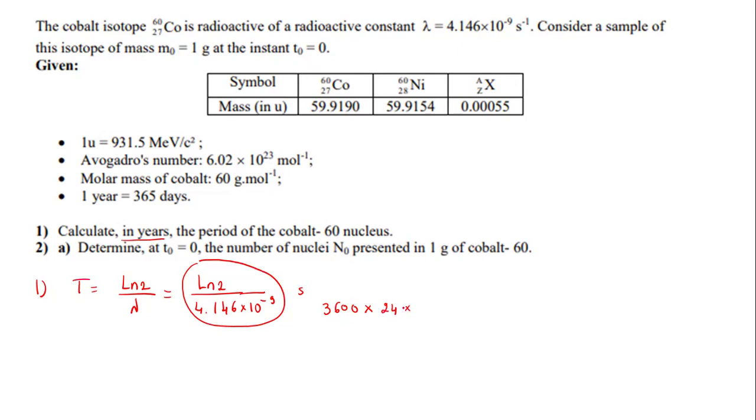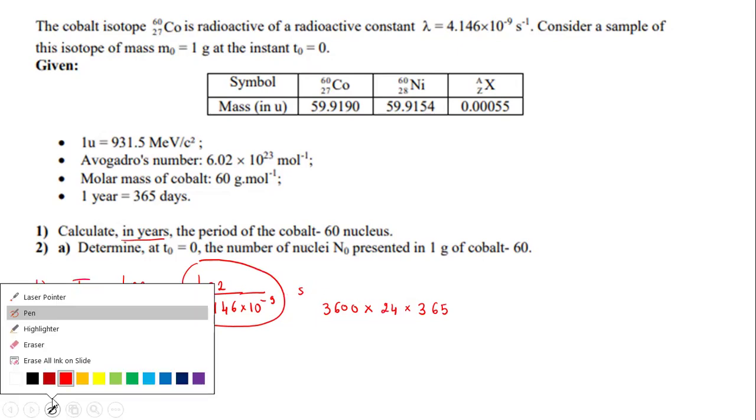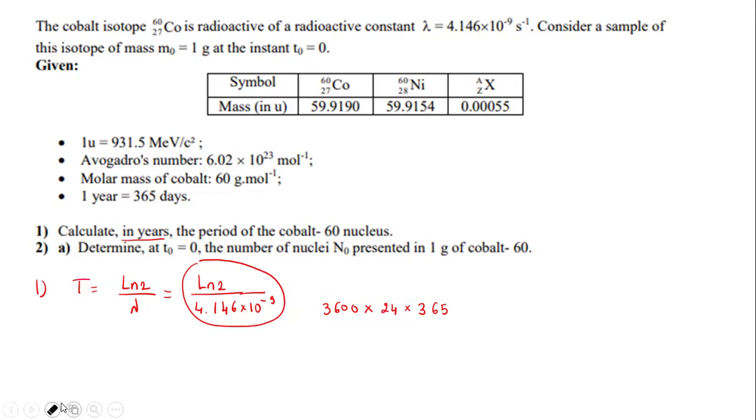How many days do we have in the year? We are given 365 days. So I divide this whole number by all of these. We can simply get the answer here in second and then divide by all this. So we'll get as answer 5.3 years.